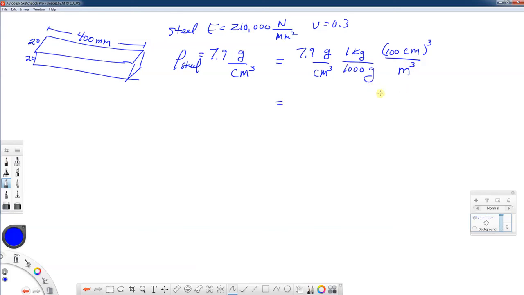Let me grab my calculator and see what we end up with there. So I end up with 7,900 kilogram per cubic meter.